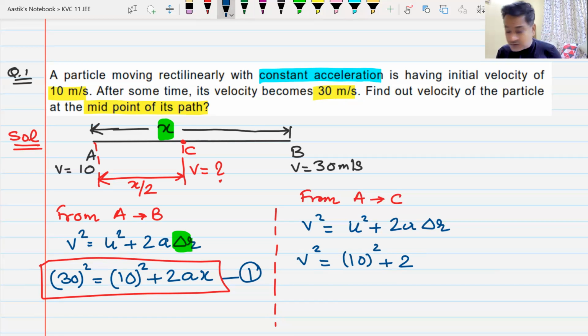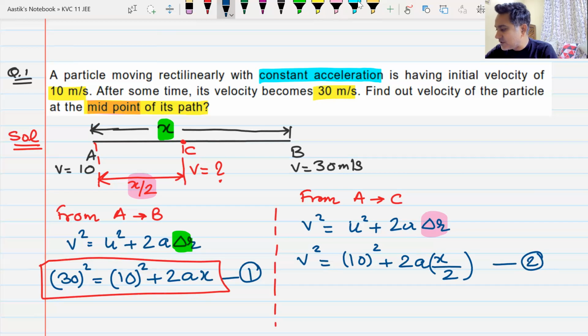Now I write this acceleration as a. Now look at this displacement. The displacement now is given as the midpoint. That means it is x by 2. So I write x by 2 here, and this becomes my equation number 2.